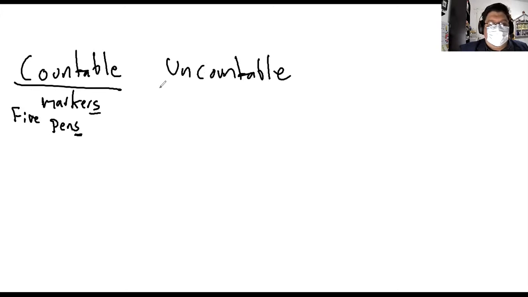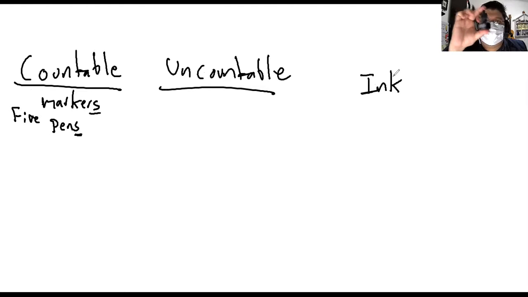But what about this? The word ink. You could probably say, well, teacher, I can count it, right? I mean, here we have 1, and here we have 2, and here we have 3.